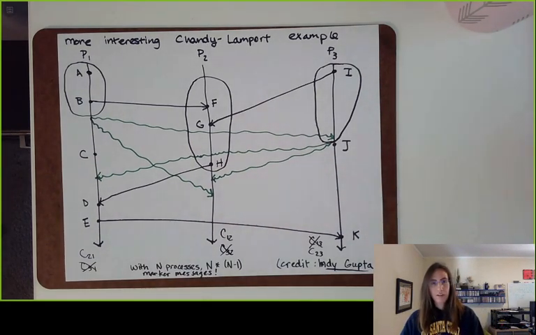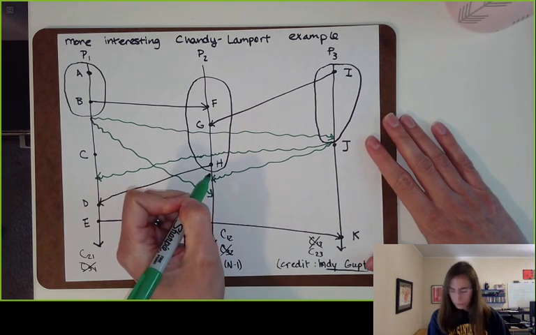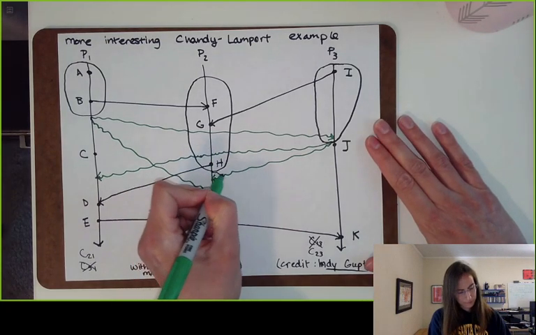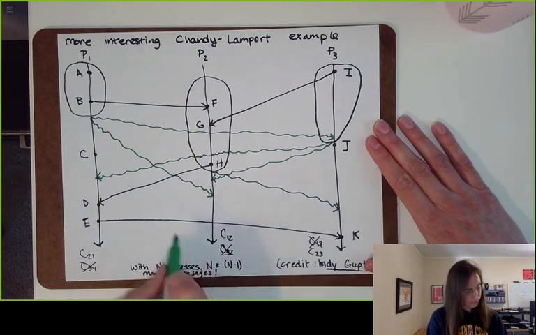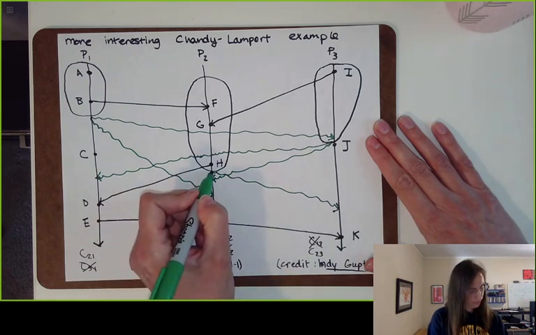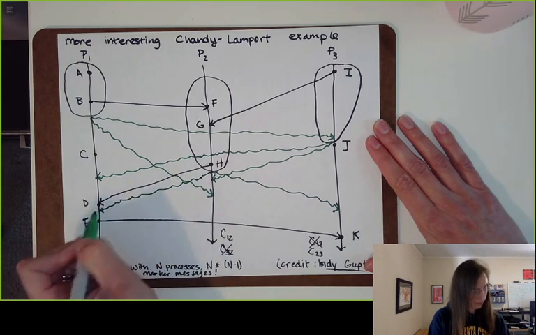And now it has to send out its own marker messages on its outgoing channels to the other two processes. So those marker messages are going to go out. Something like that.